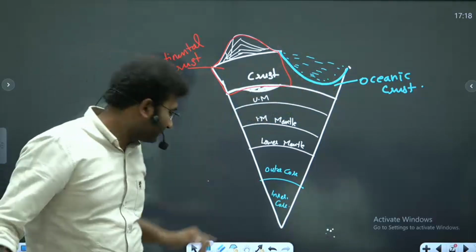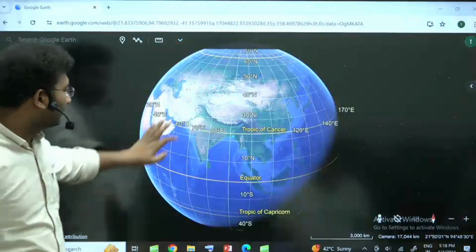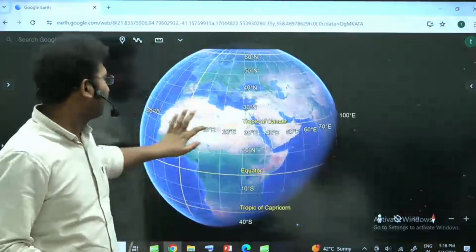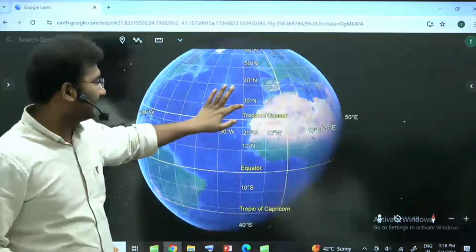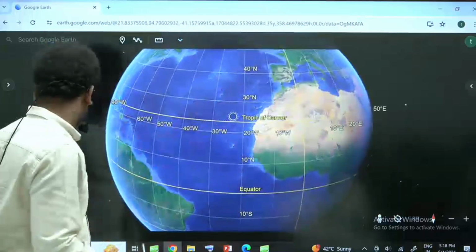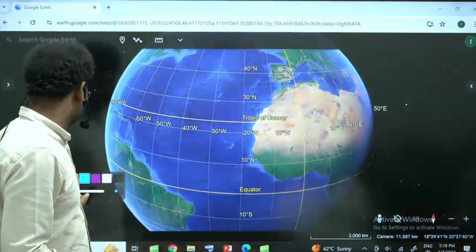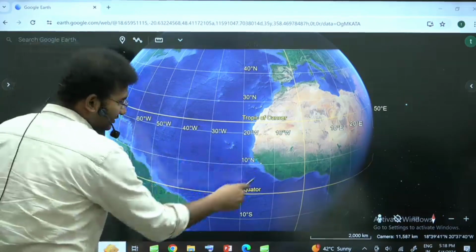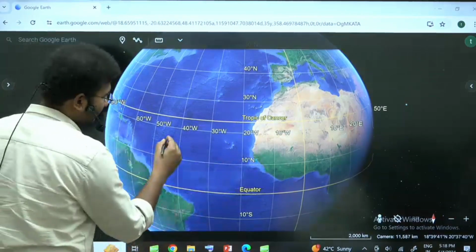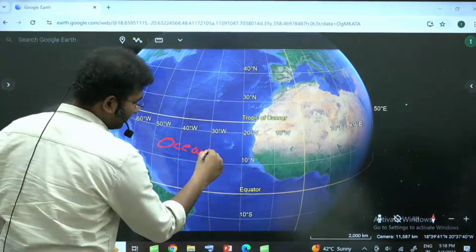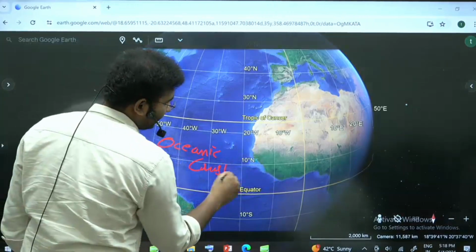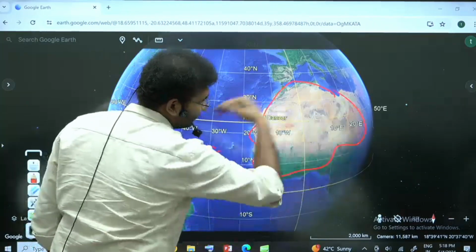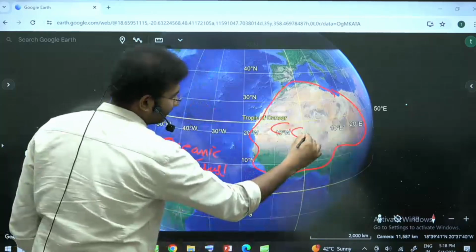Now see, look here. The crust which is at the bottom of the sea, you will call oceanic crust, and this crust is called continental crust.